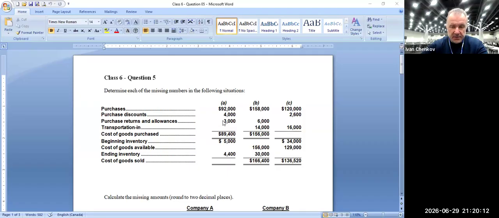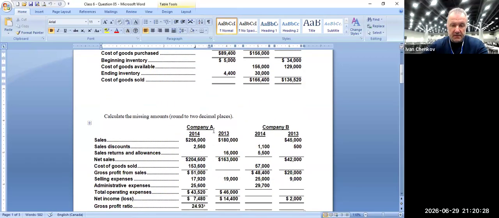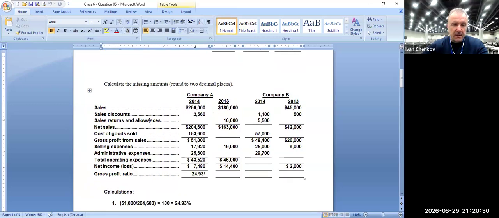I want you to pay attention and remember that purchase discounts are less, purchase return allowances, less, transportation, add. That's how we get the cost of goods purchased. On the second calculation, we can see how we come up with the net sales.